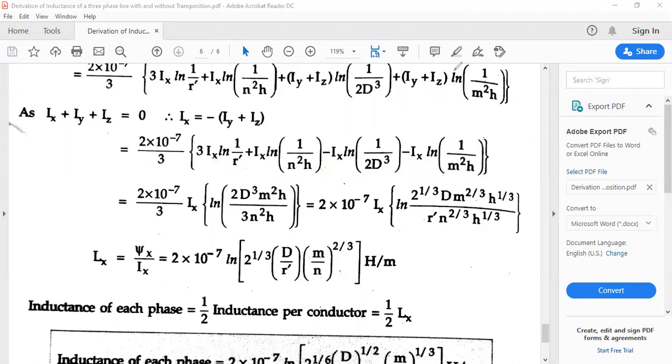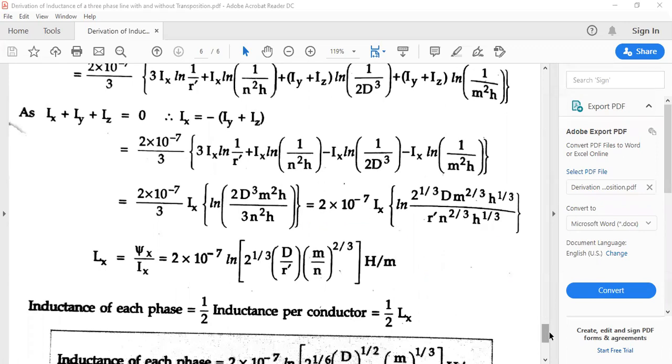So that's what you can generally come across in this equation: 2 into 10 power minus 7 into ix ln of these terms which are being present there. So 1/3 of the same thing. So ln a, I can write it as ln cube root a. This is a simple formula which you can analyze.